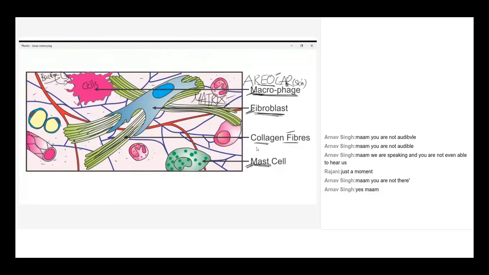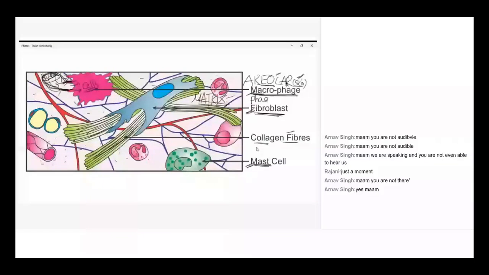So when any bacteria or virus enters the skin like this, pseudopodia-like structures around the macrophages will take in the bacteria and eat it away. So the macrophages are involved in a process called phagocytosis.